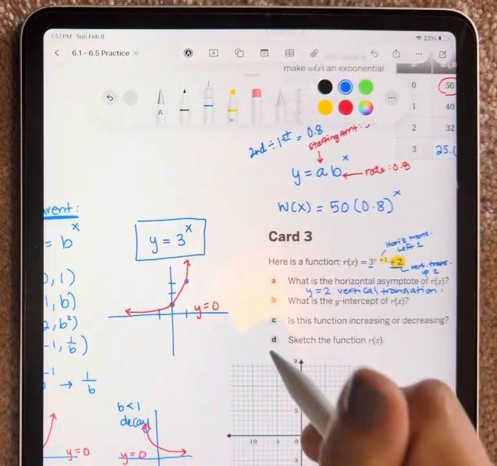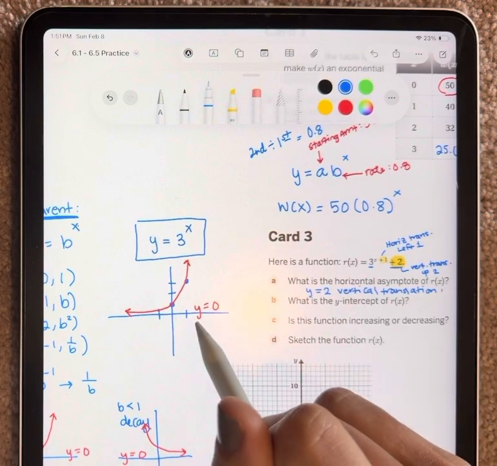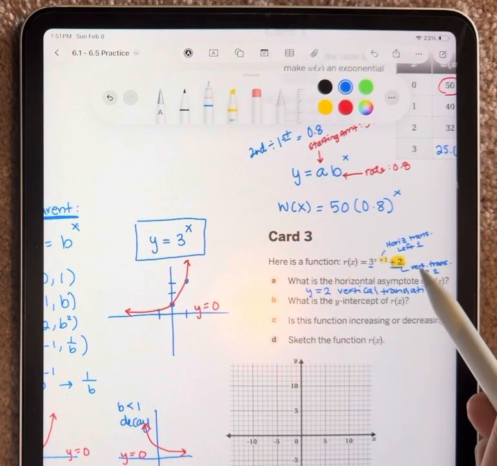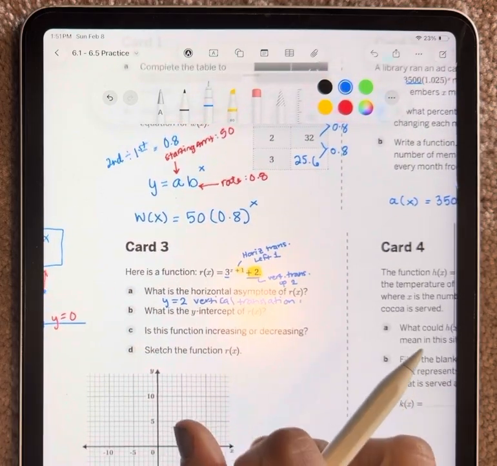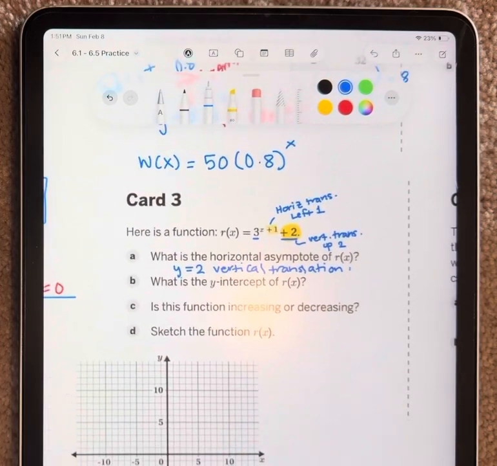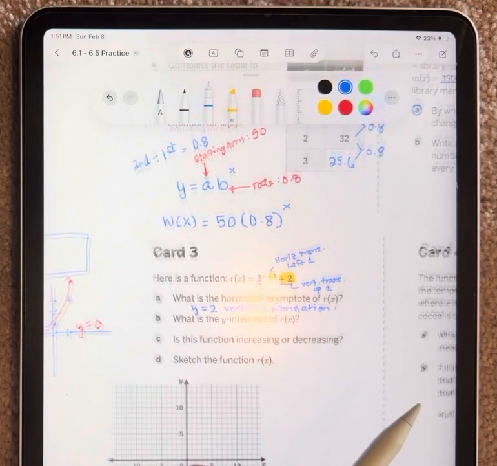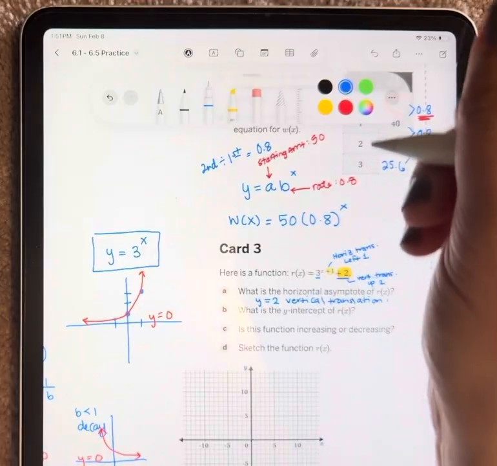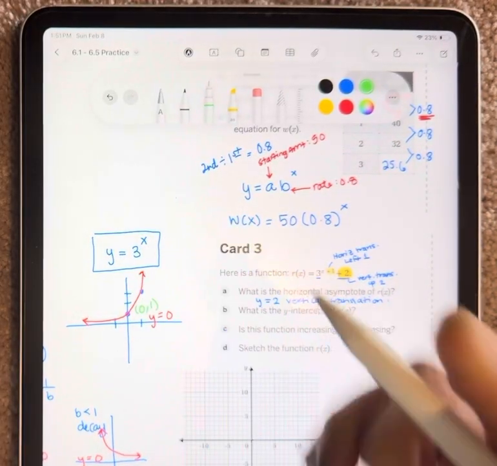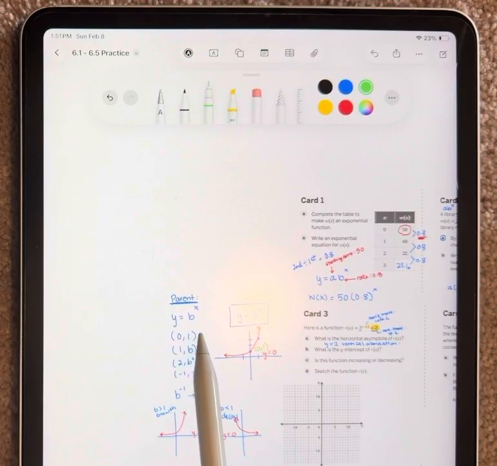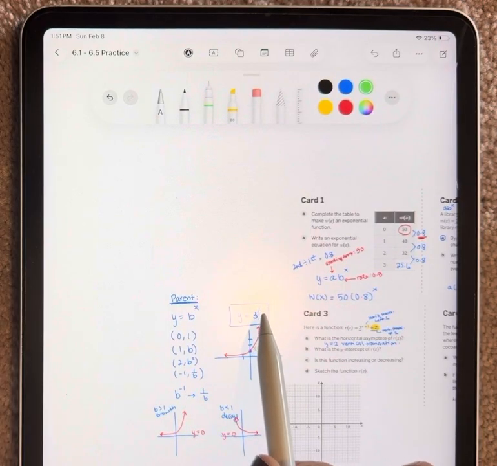So asymptote is at 0, moves if there's a shift, and where does it move to? It moves to wherever the shift is, okay? All right. It wants to talk to me about the y-intercept. Okay, well, the y-intercept of the parent function was 0, 1, remember? We said every one of them 0, 1, because when you plug 0 in, anything to the 0 is 1.